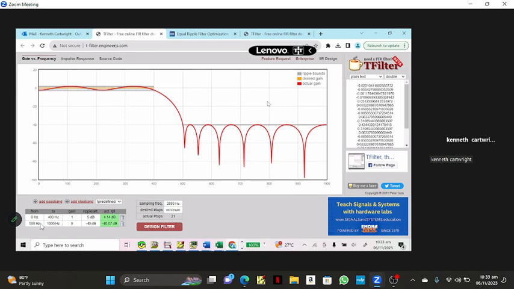To create a digital filter, you need a difference equation. To create any digital filter, you need a difference equation. You are implementing the difference equation.